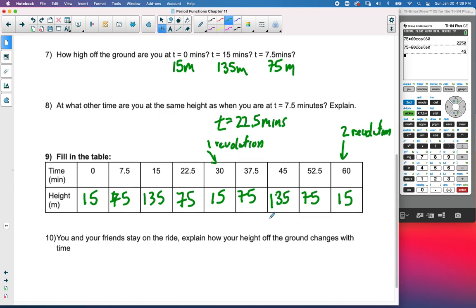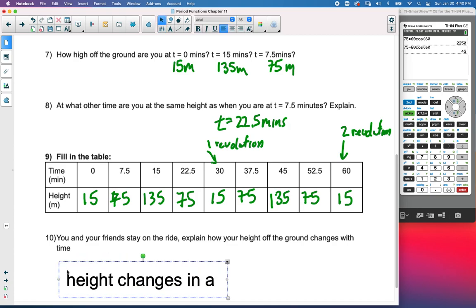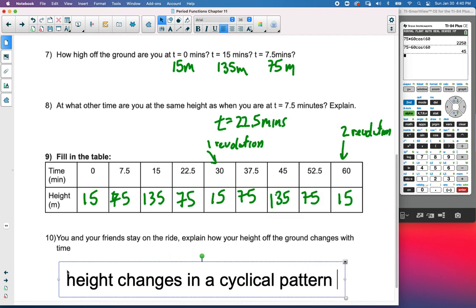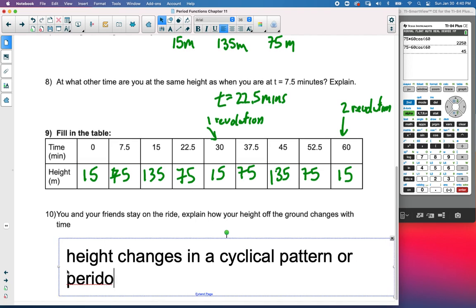Number 10: you and your friends stay on the ride. Explain how your height off the ground changes with time. It's going to change in this cyclical pattern. So your height changes in a cyclical pattern, or a periodic pattern. And what I mean by that is, if I'm at 0, right?